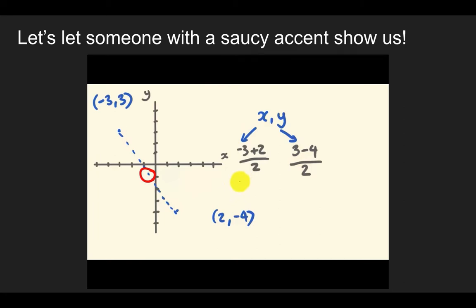And then they're going to give us our xy value. -3 plus 2 is -1 over 2, and that's our x value, -0.5. And 3 minus 4 is -1 over 2, which is minus a half. So our point is -0.5, -0.5. That's our xy value there.